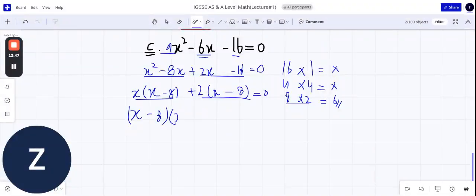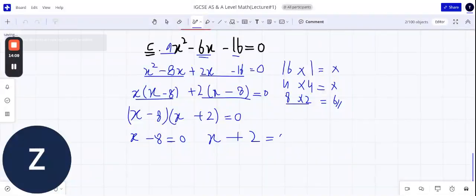What is left in the first term? Only x. In the next term, we have plus 2, we will write together, equal to 0. Now make the separation: x minus 8 equal to 0, then x plus 2 equal to 0.